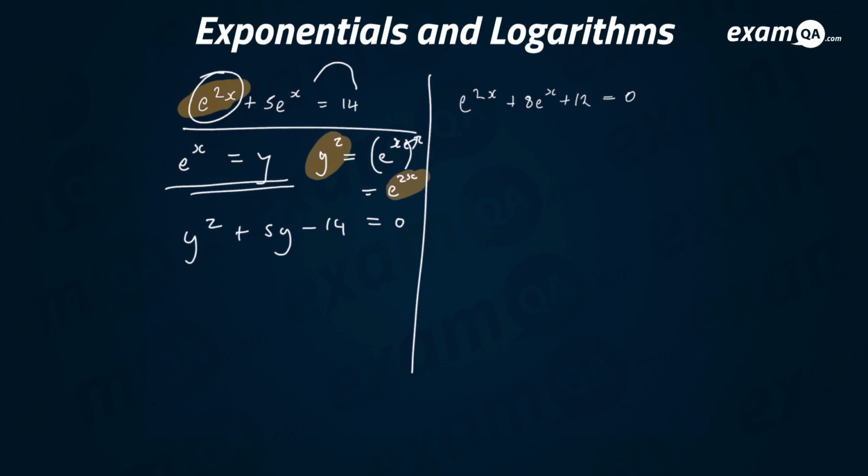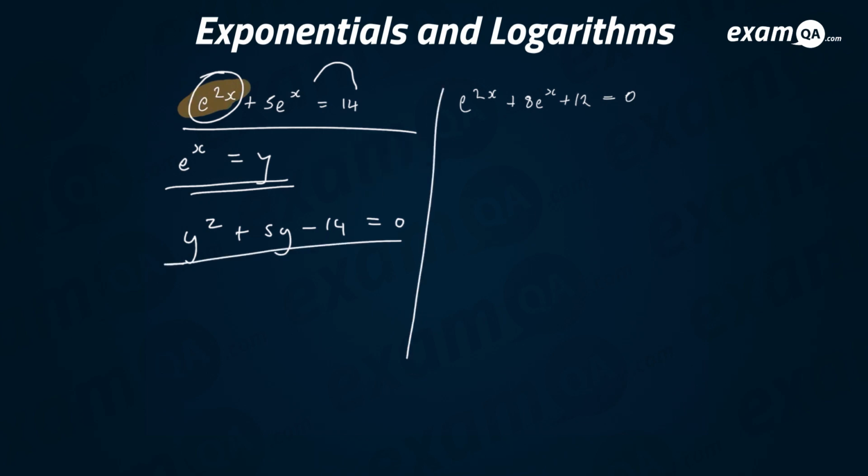And look, through that substitution, we just turned this whole question into a quadratic. And we just solve that as you would in any quadratic question. If you solve that, you get y equals 2 and minus 7.